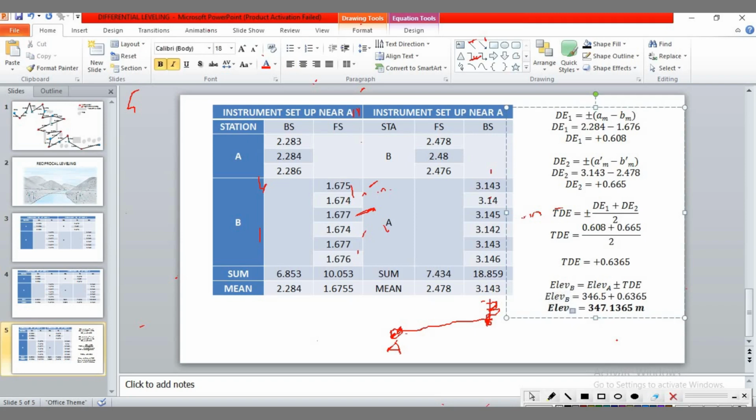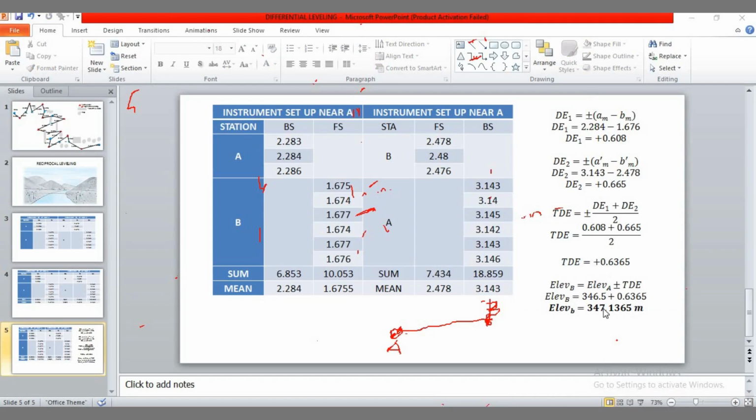So, balikan natin yung elevation ni point B. Since given ang elevation ni point A, and the TDE or the difference in elevation is positive 0.635, all we have to do is to add 0.635 doon sa elevation ni point A. So, for the elevation of B, that is equal to 346.5 plus 0.6365, the elevation now of point B is equal to 347.1365 meters.